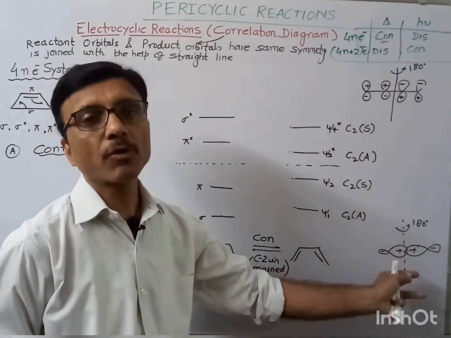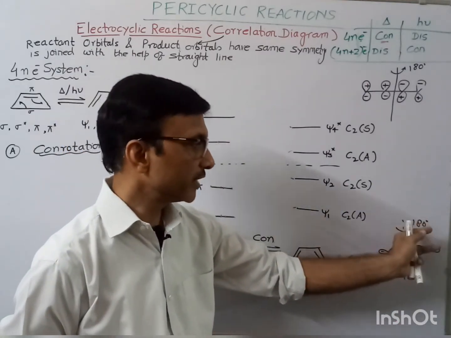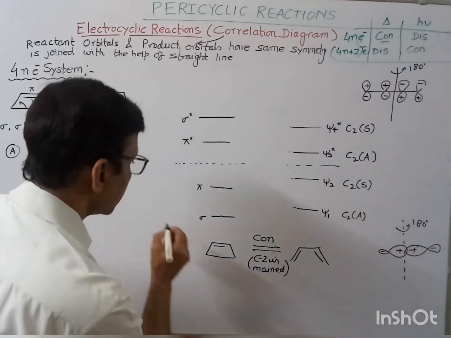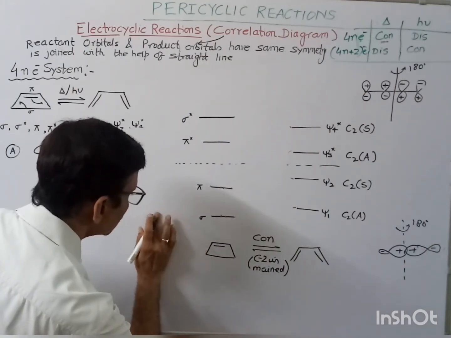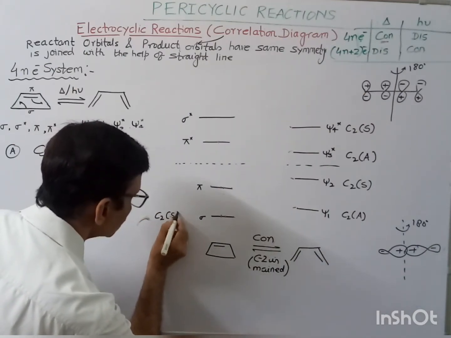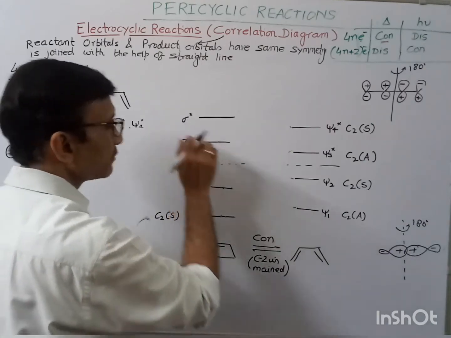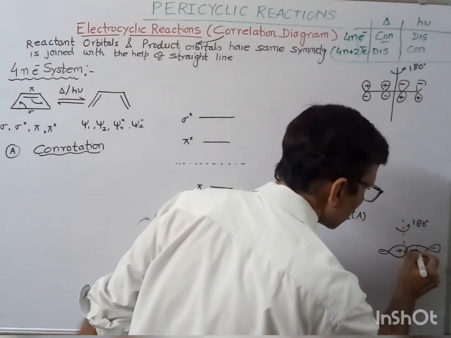You will get the same molecular orbital after rotation through 180 degrees. That's why it is symmetric with respect to C2. Whereas if you see sigma star, this is the sigma star.